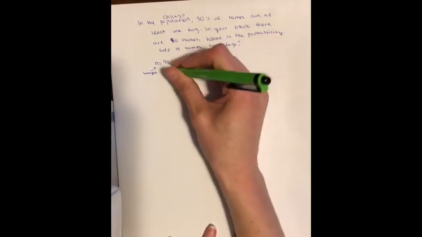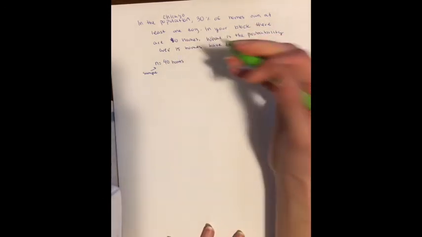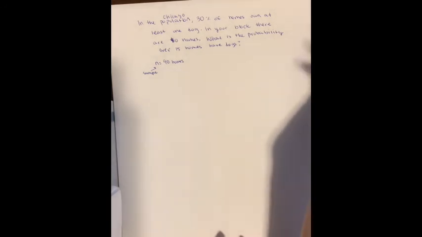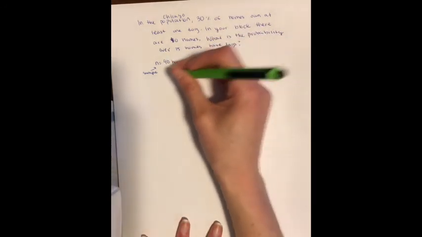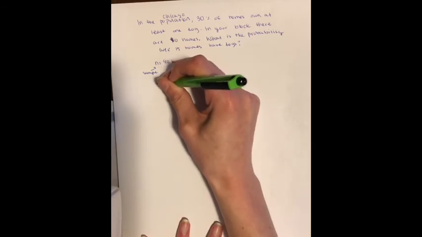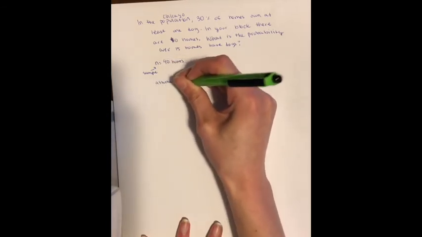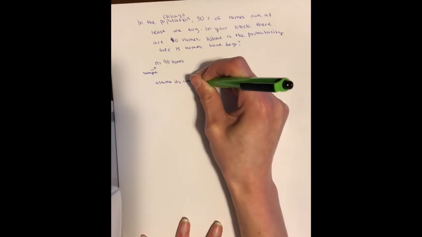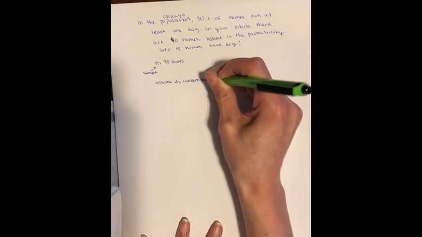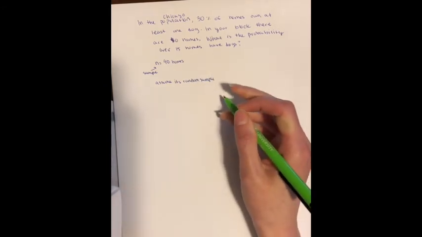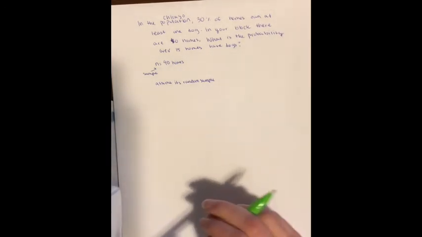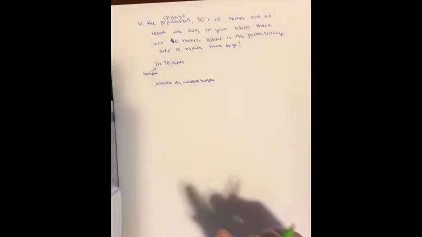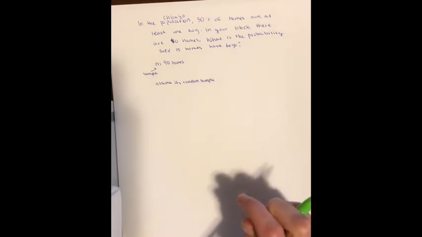Okay, and we can assume that my block is just a random group of 40 families. So 40 homes. So we assume it's random. Technically, it's not super random. I'm in a certain area, and in my area, most people are Hispanic, and I don't know, do Hispanics have dogs more often than not?